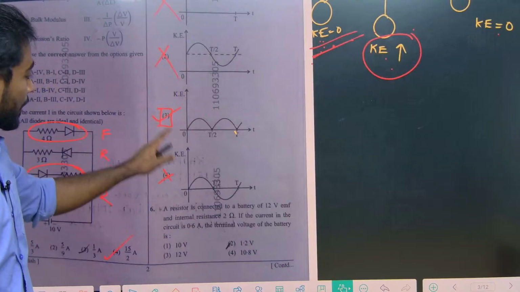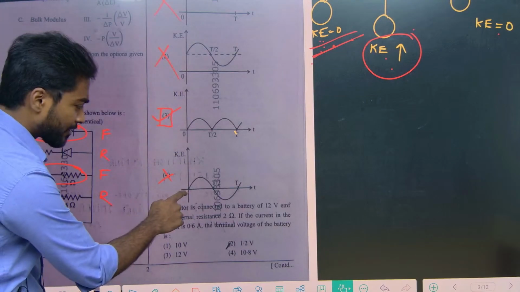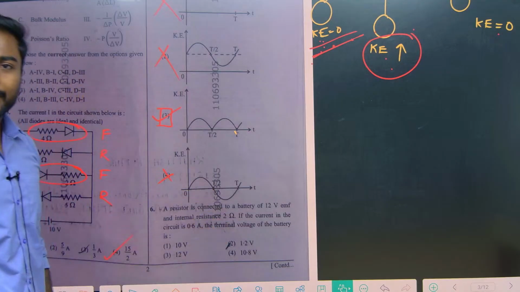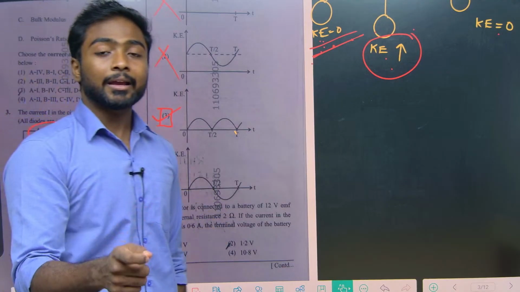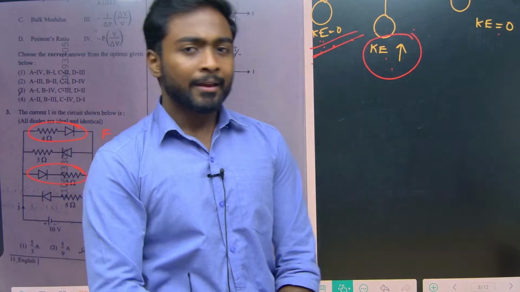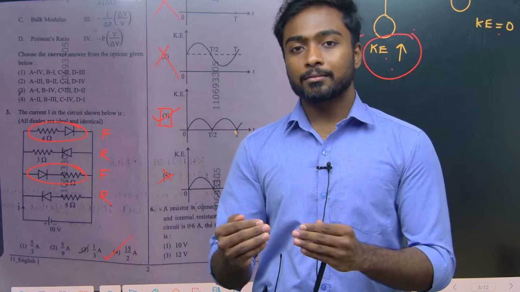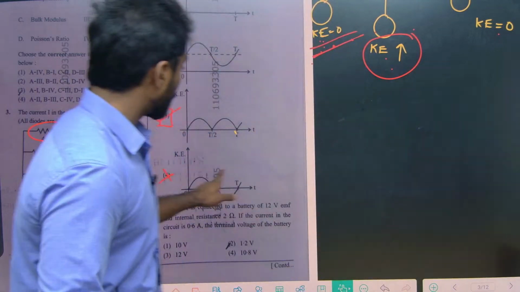I'll come to the third one. In the fourth one, 0 was there, it increased, again 0, but it has not decreased. How can kinetic energy be negative? Kinetic energy cannot be negative, it can only increase or decrease. So the fourth also I can eliminate.